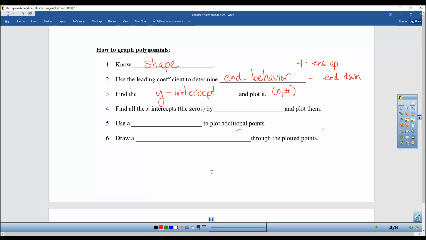Find all the x-intercepts by letting y be equal to 0. This usually involves factoring. It's possible it doesn't, but you can be thinking about that.